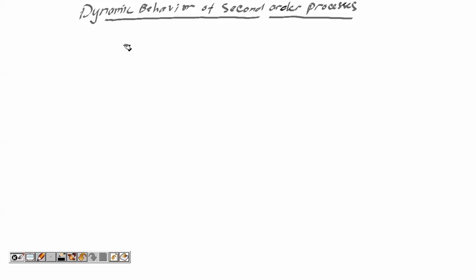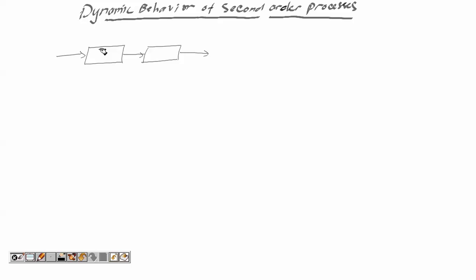Okay, now we study dynamic behavior of second order processes. A second order transfer function, a second order process, actually can arise from two first order systems that are connected in a series, something like this.